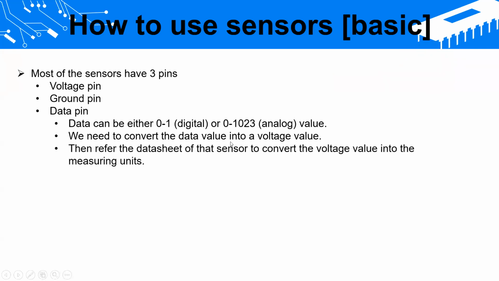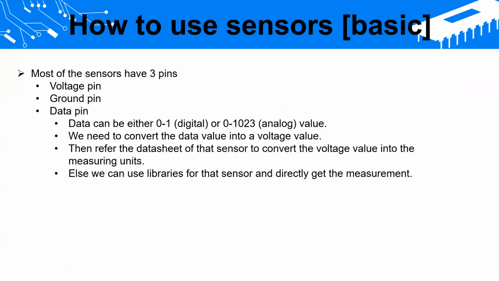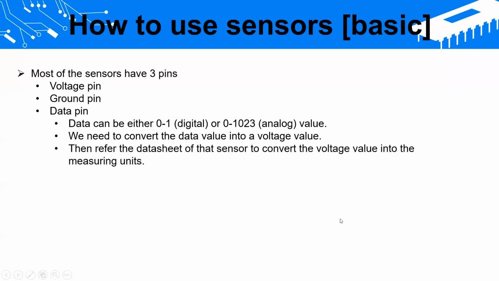Then you can refer to the data sheet for that. After you get that voltage, in the data sheet you have the voltage with, suppose you are using a temperature sensor, the voltage levels defined with the temperature, suppose Celsius. If you know the voltage level, you can refer to the data sheet functions. Function means the dependency between these two.